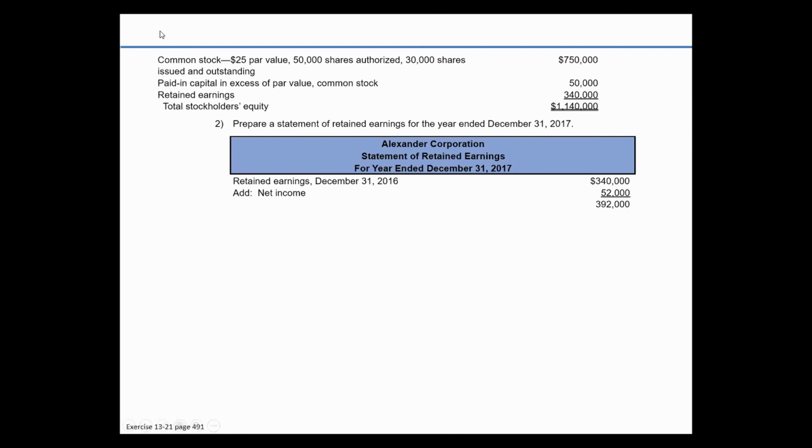That gives us 392,000, and then we can subtract the cash dividends that were declared of 99,900. And then we had less the treasury stock reissuances of 1,500, gives us the new retained earnings for December 31st of 17 of 290,600.